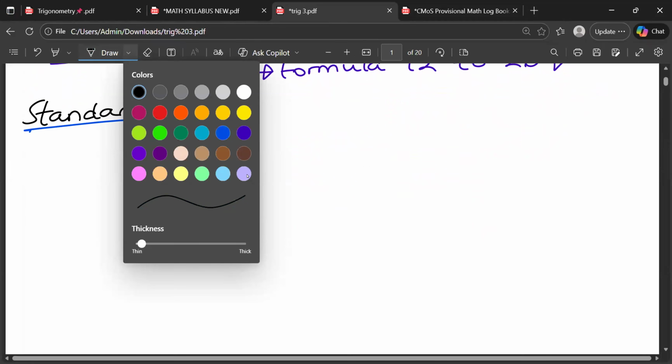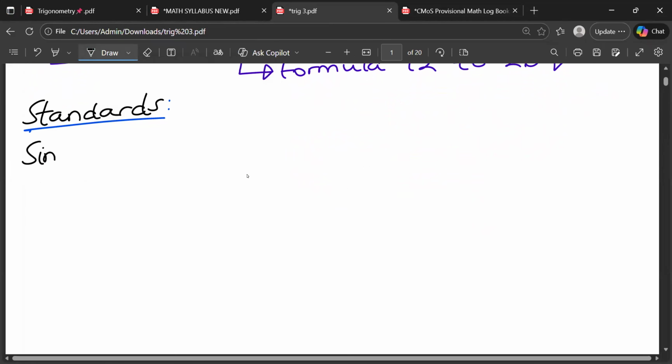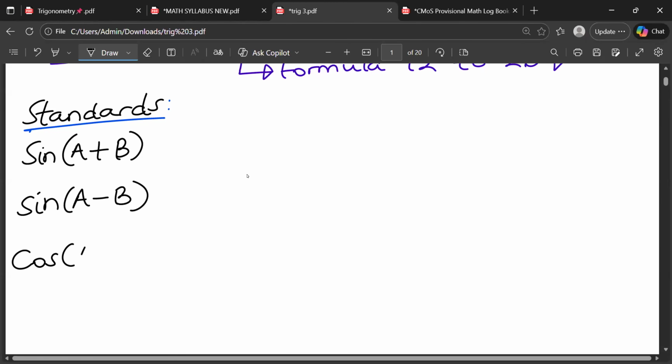Okay, now we are going to begin with sine in brackets A plus B. Then the next one is sine A but with a minus. I want you to follow. Then the next is cos plus, and this one equals.